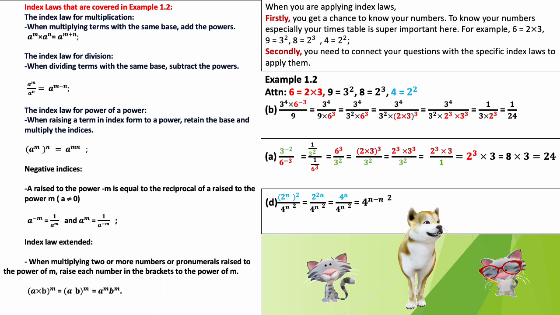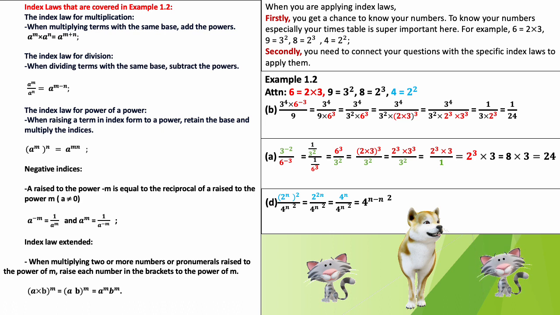Index law extended: when multiplying two or more numbers or pronumerals raised to the power of m, raise each number in the brackets to the power of m. Bracket a multiplying b bracket to the power of m equals bracket ab bracket to the power of m equals a to the power of m b to the power of m.